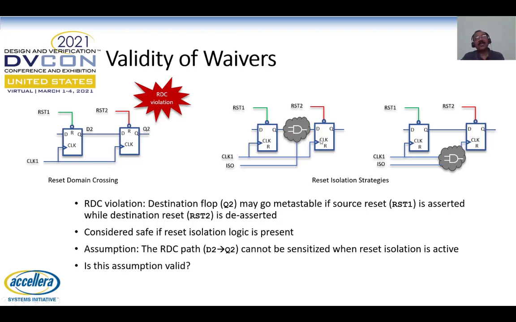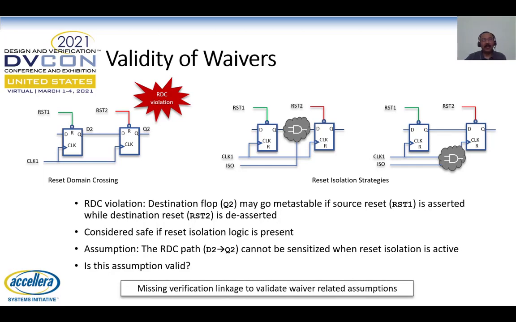Now the question is, is this assumption valid? And at the same time, is the reset isolation logic verified in functional verification in context of RDC? It again points to a missing verification linkage when it comes to validating waiver-related assumptions.